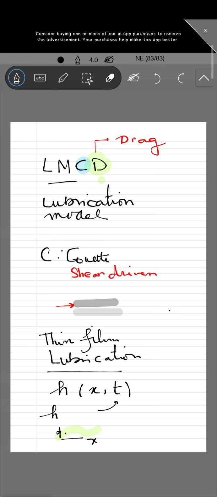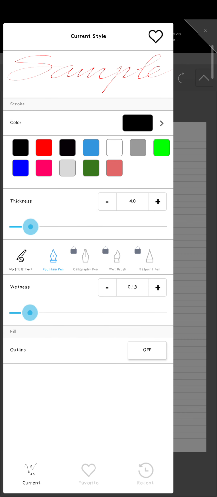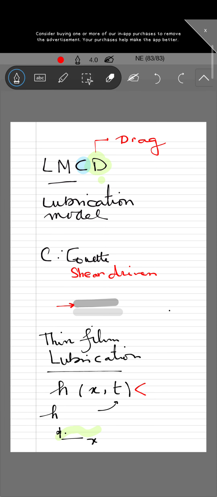Now this distance for the case of films is taken to be less than the value L, where L is the lateral distance, the distance this fluid will flow after a certain time in the x direction. That means the height is very small, which makes this a film.